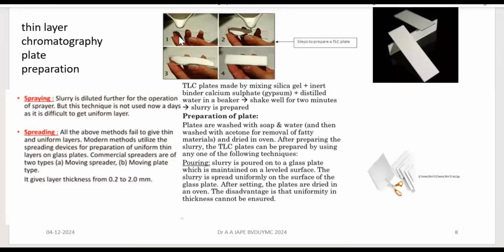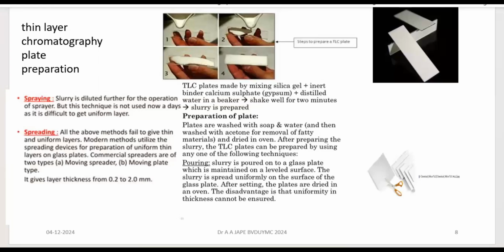After preparing the slurry, the TLC plates can be prepared, for which we can use the spraying type or the spreading type method. So pouring of the slurry is commonly done in the laboratory setup. The students can pour the slurry or they can use the spreaders.